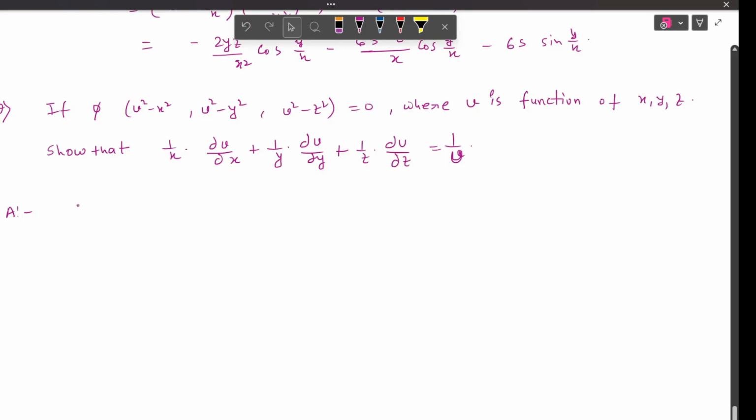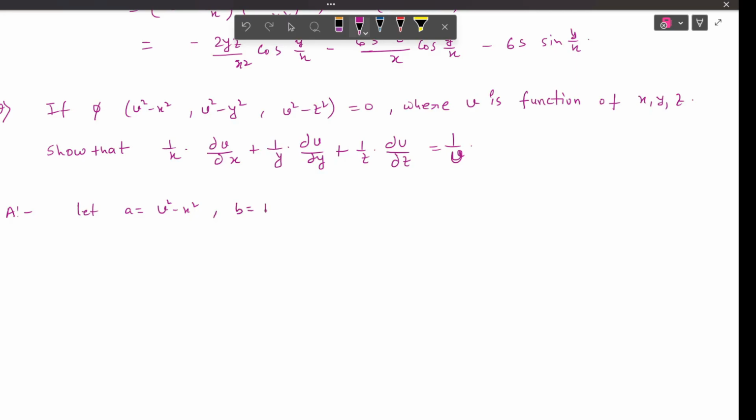Let a = v² − x², b = v² − y², c = v² − z² be three functions of x, y, z and v.